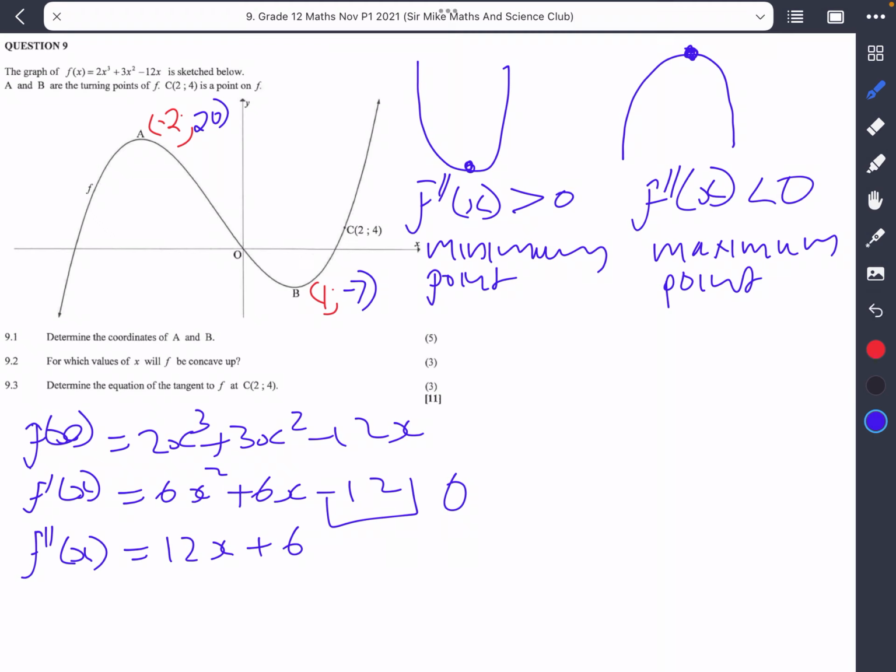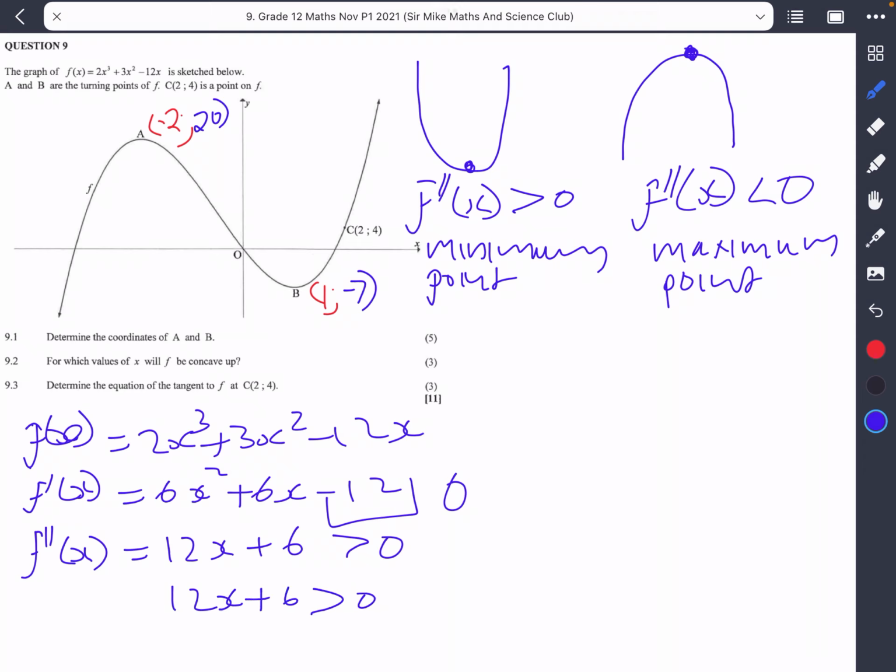To find when your graph is concave up, we take the second derivative and set it greater than 0. So we have 12x plus 6 greater than 0. I'm just going to transpose that 6, so 12x is greater than negative 6.